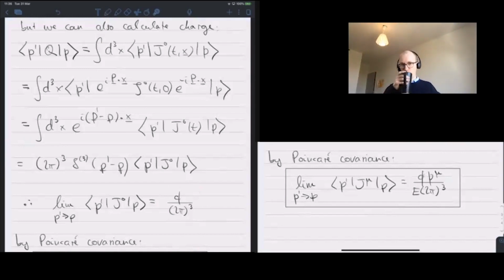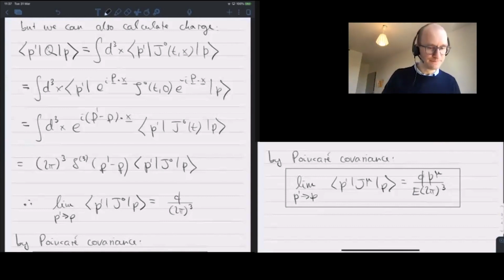Yeah, I missed a point, like what happened to the delta function? Well, that's why I'm only considering the limit that p prime goes to p. I see.